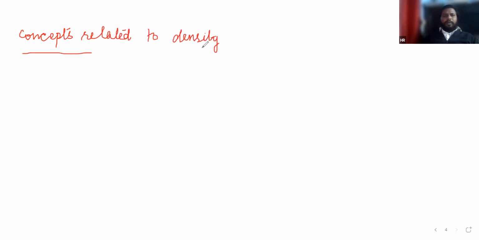Now we will have the next topic: the concept of density. Just see, concepts related to density. The formula of density for solid and liquid is different, and the formula of density for gas is different.